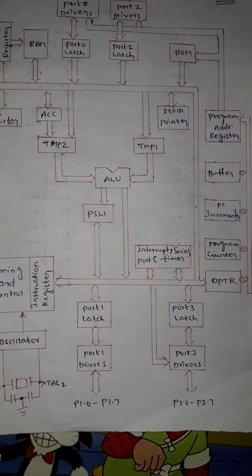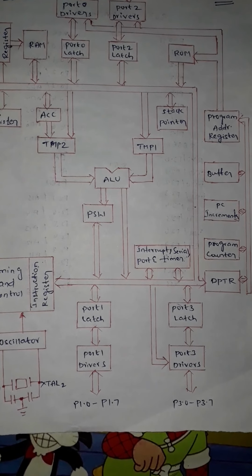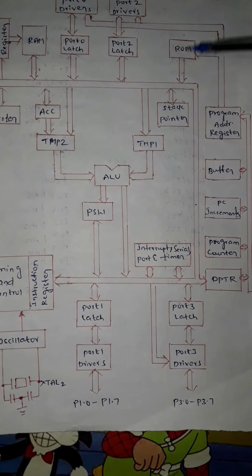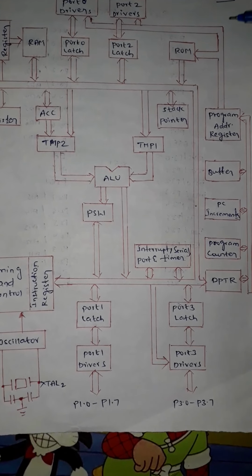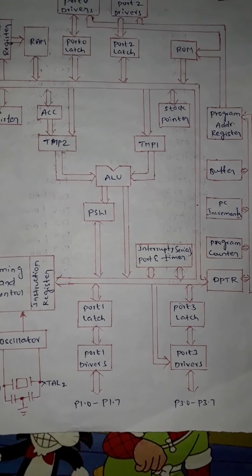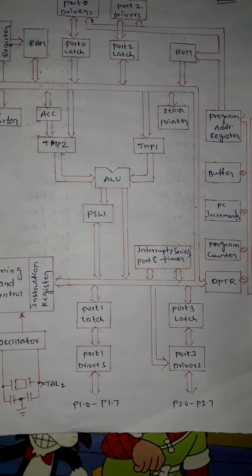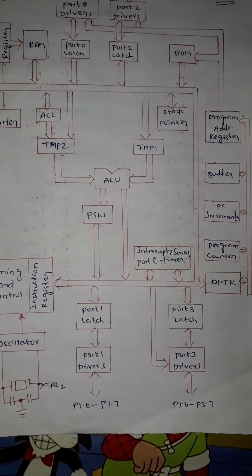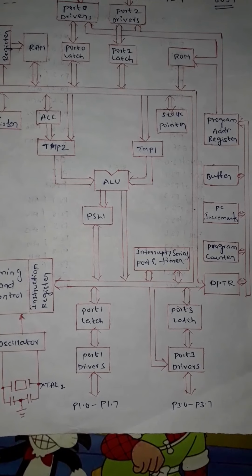When an interrupt happens, the data is temporarily stored in the stack. That stack memory is pointed to by the stack pointer, which holds the address of the stack memory. The stack pointer operates differently compared to other Intel processors. That is, the 8051 stack is different compared to other processor stacks.